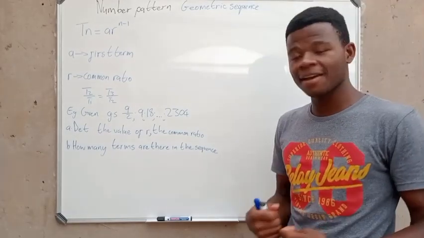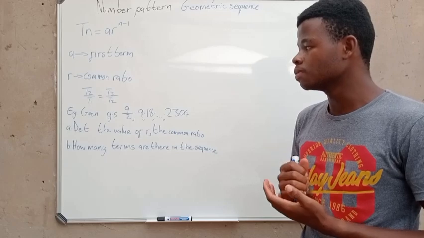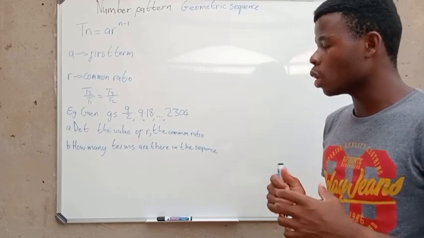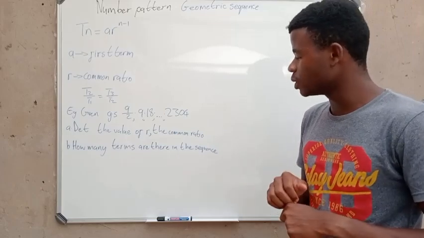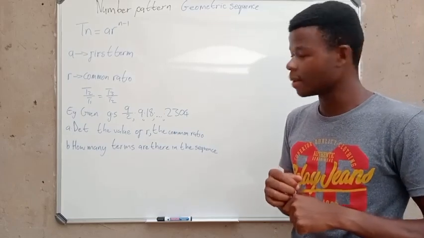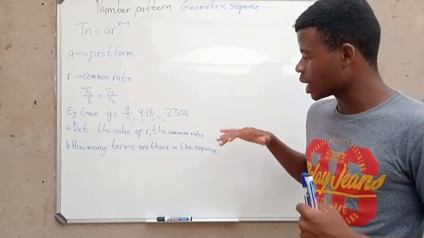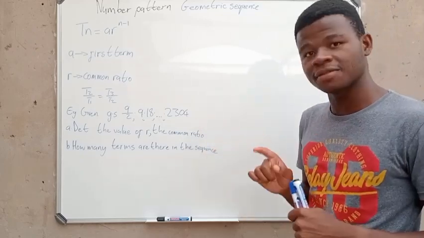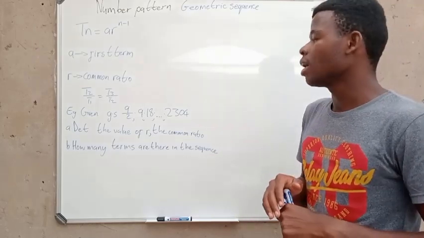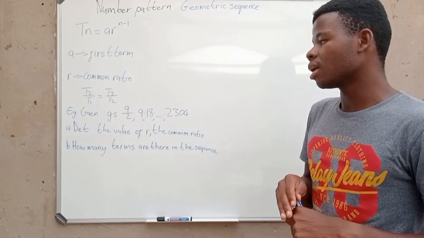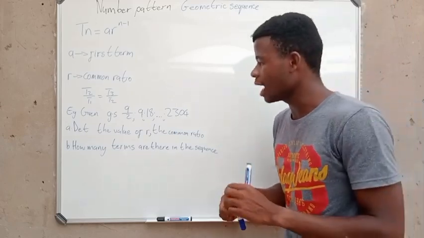So now I have given you enough information to be able to understand how I'm going to be doing these questions. You can pause the video, do these questions, and then see how I do them in my steps.